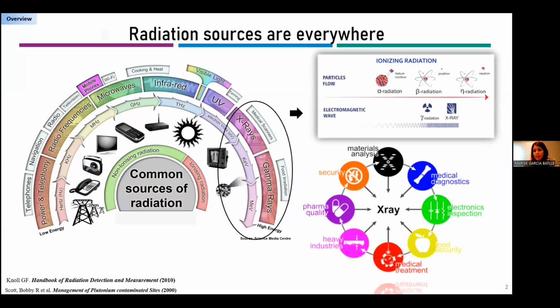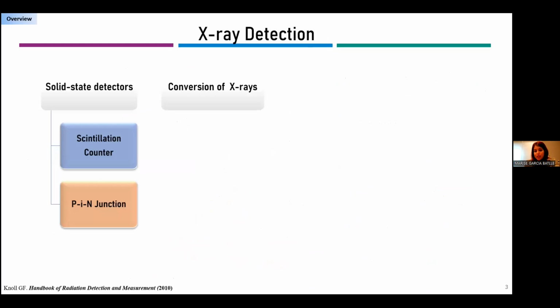The application of these X-rays and gamma rays, ionizing radiation, is quite extensive. And in order to use and apply these sources, we need to, of course, measure them. For that, we need radiation detectors.